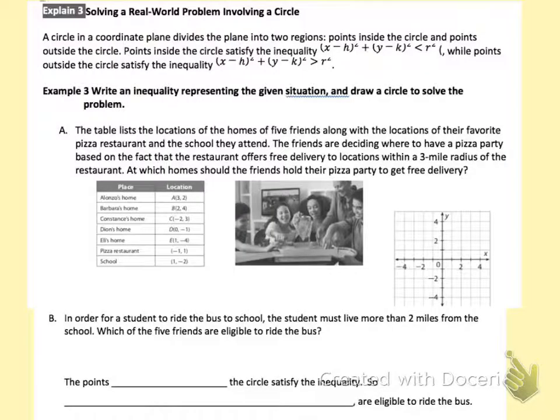So now we're going to wrap up the lesson by looking at some real-world problems that we could solve using a circle. So a circle in a coordinate plane divides the plane into 2 regions. Points inside the circle and, of course, points outside the circle. Points inside the circle satisfy the inequality x minus h squared plus y minus k squared is less than r squared, right?